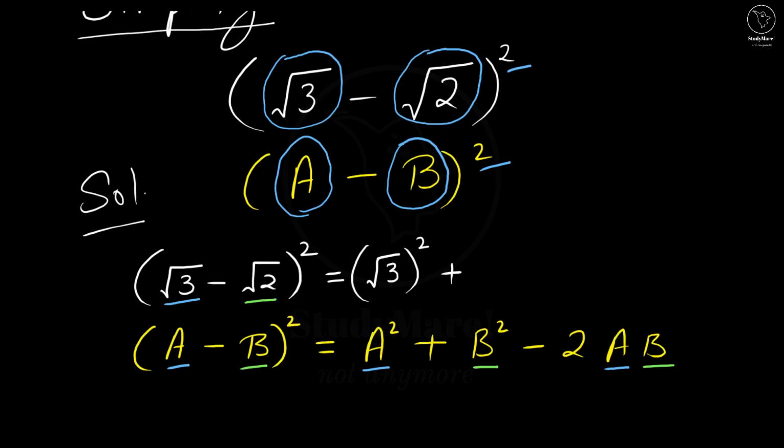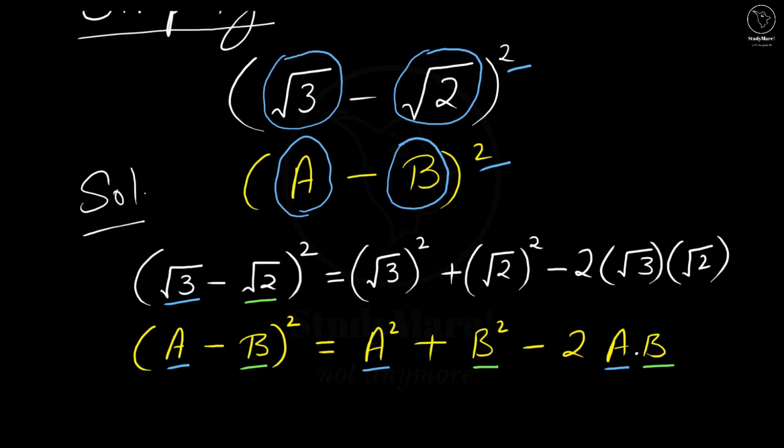What is b here? It is root 2, so just write root 2 here and we have the square. Then we have minus 2a. What is a? Root 3, multiplied by b as per this identity, so we have root 2 over here.